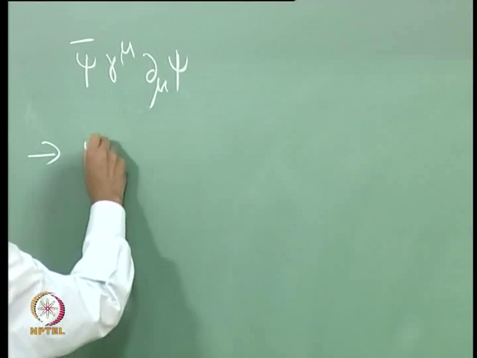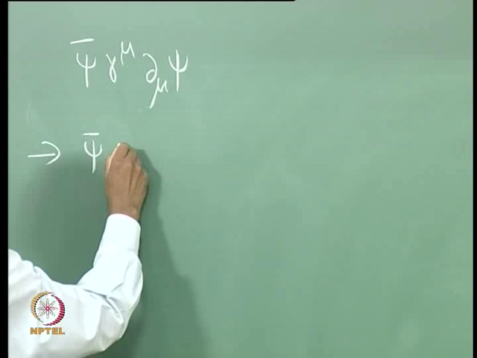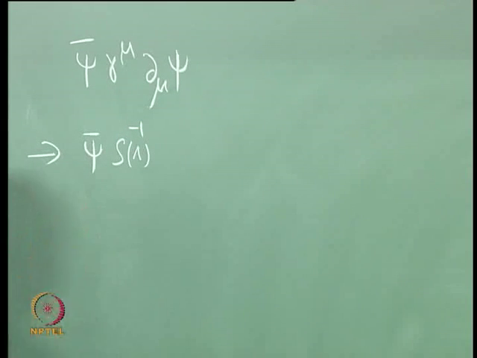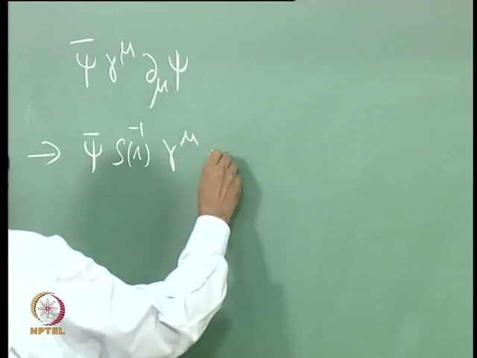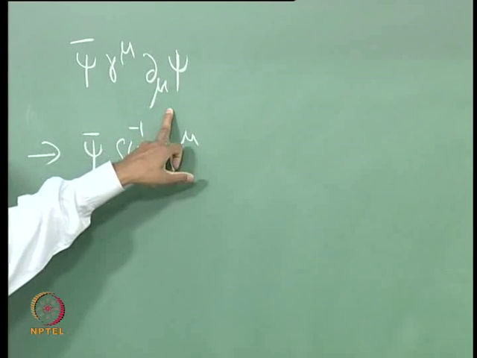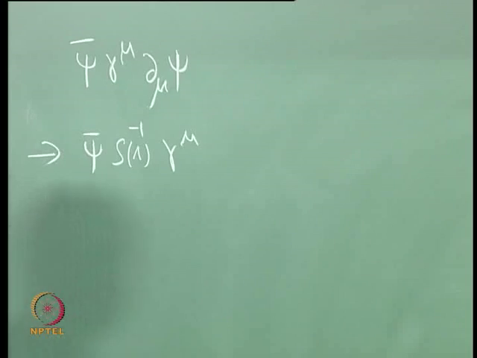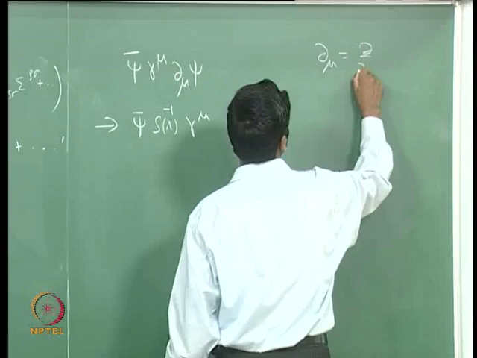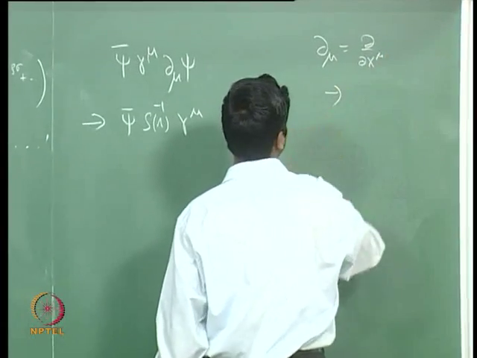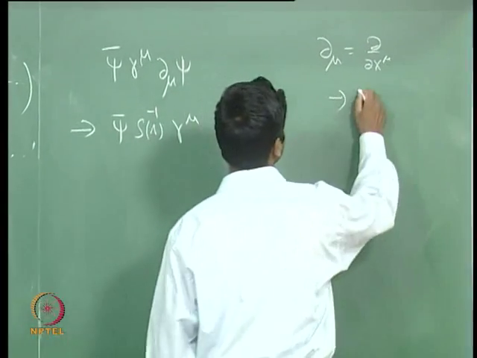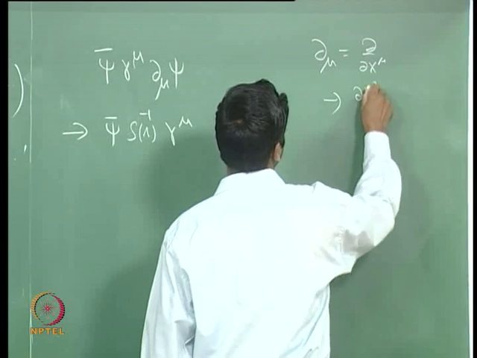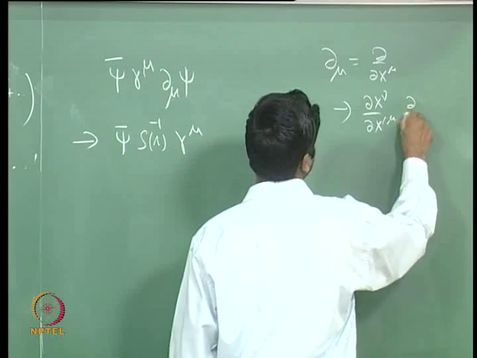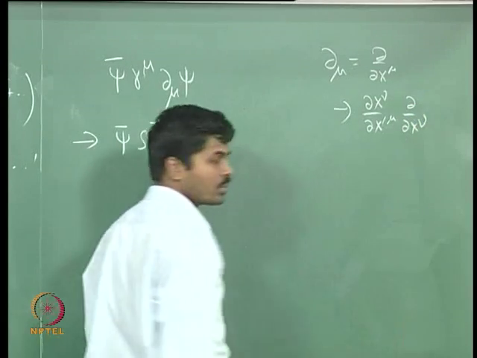Why? This psi bar goes to psi bar S lambda inverse, and then you have gamma mu, and del mu under Lorentz transformation goes to... del mu is del over del x mu, and under Lorentz transformation this goes to del x nu over del x prime mu del over del x nu.